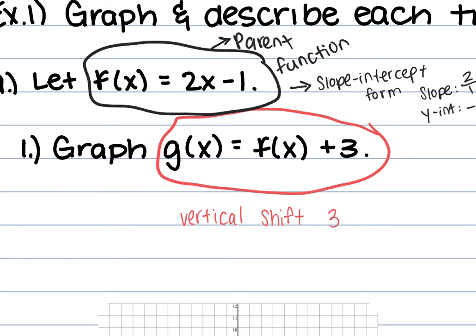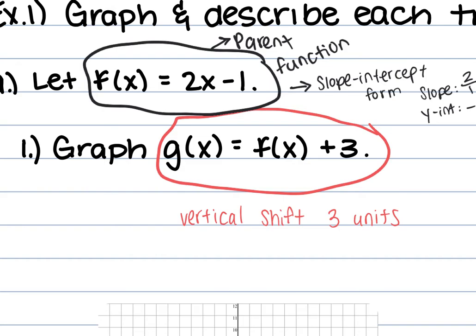Of 3 units. Okay? It's a vertical shift of 3 units. The reason it's vertical is because the 3 is not inside the parentheses, right? Do you see how the 3 is being added to f of x, not x?